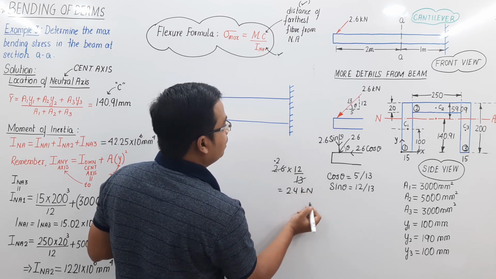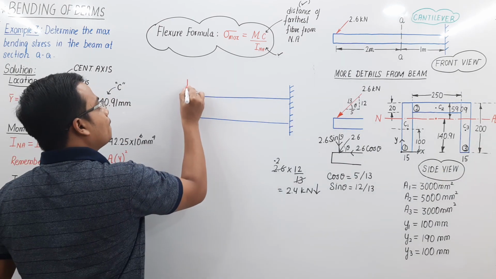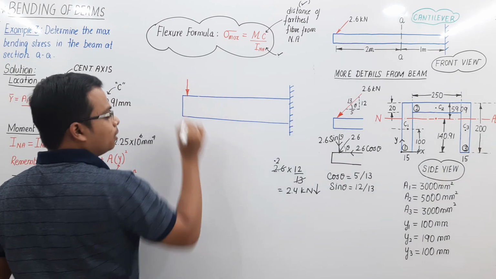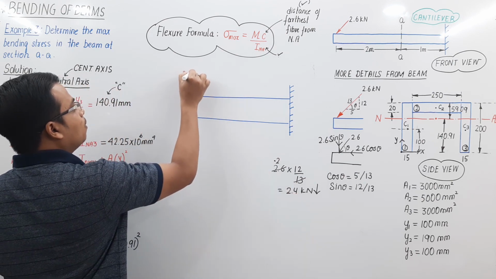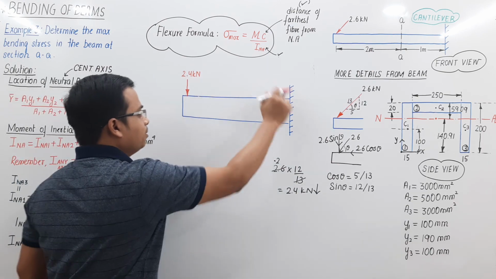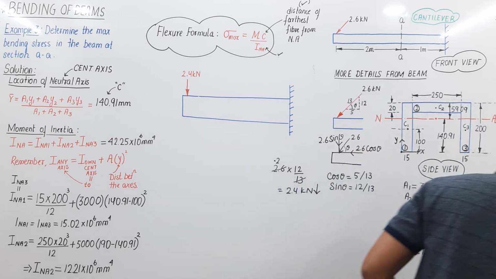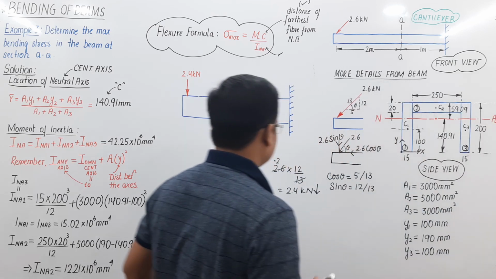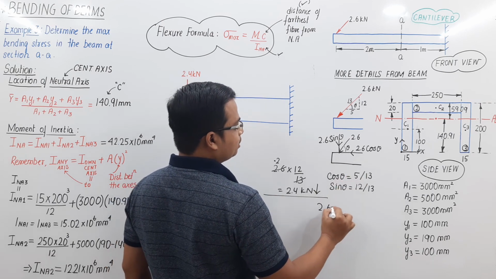This is the vertical component in the downward direction, 2.4 kilonewton. You'll understand why I've made it this big very soon. Secondly, we have 2.6 into cos theta.